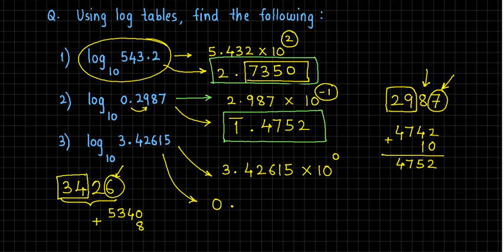So therefore on adding we get 5348. So therefore the mantissa is 5348, and hence the log of the given number is 0.5348. Okay, so this is how we find out the log of any number to the base 10 with the help of log tables.